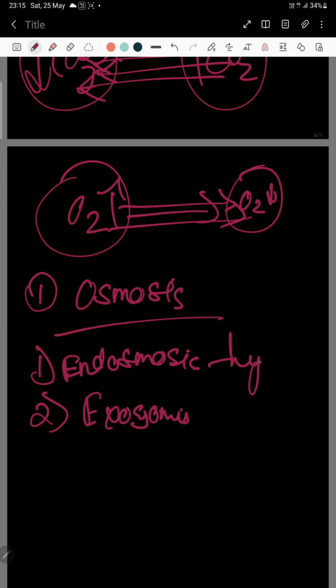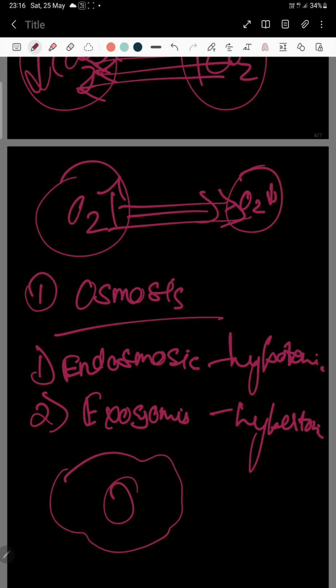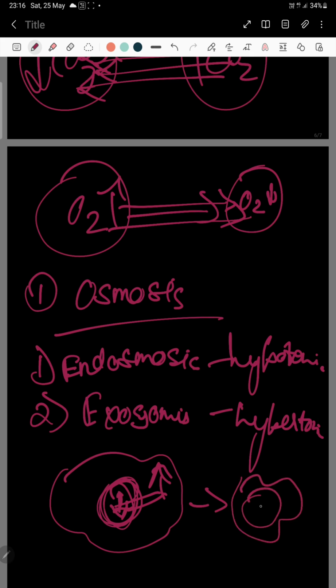Endoosmosis occurs in hypotonic solution and exoosmosis occurs in hypertonic solution. A hypotonic solution is a medium in which a cell is kept, where the concentration of water outside the cell is less as compared to inside. So water will move and the cell will swell up.